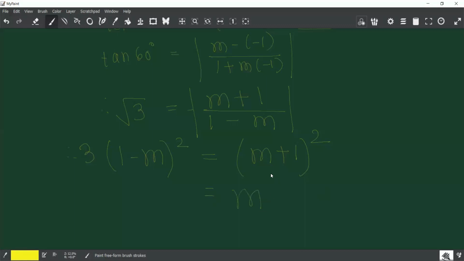यहाँ तो आएगा m square plus 2m plus 1. And here each term will be multiplied by 3. So it is 3 correct?